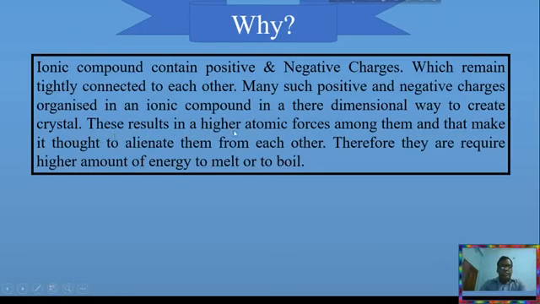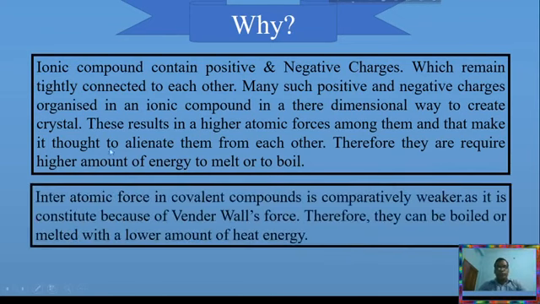This results in higher interatomic forces among them, making it hard to separate them from each other. Therefore, they require a higher amount of energy to melt or boil. That's why their melting point and boiling point are higher than those of covalent compounds.